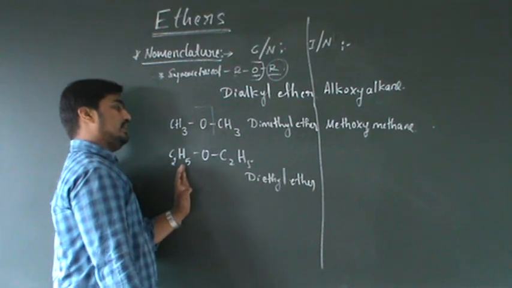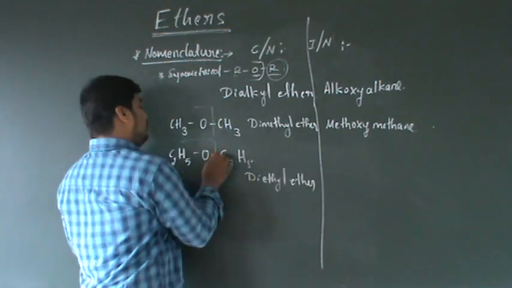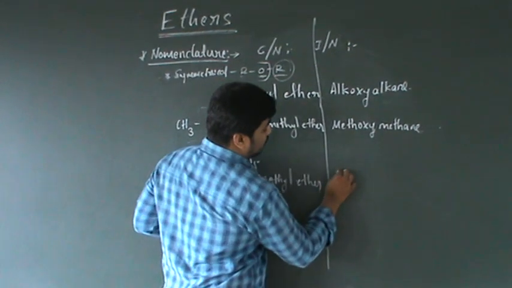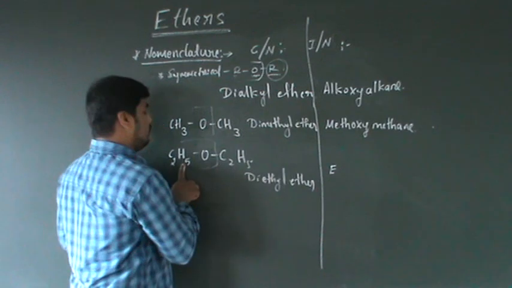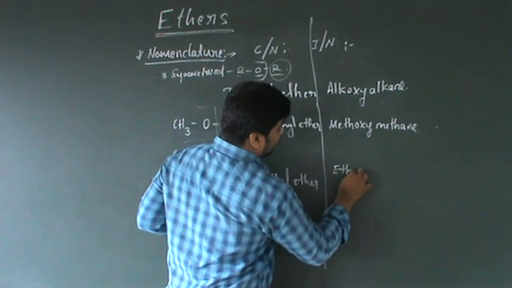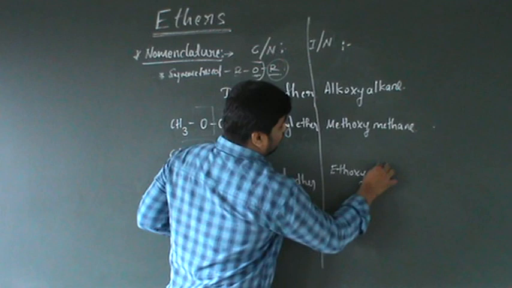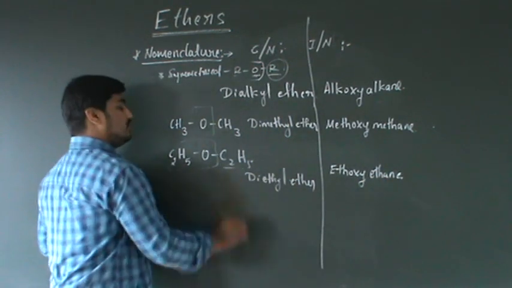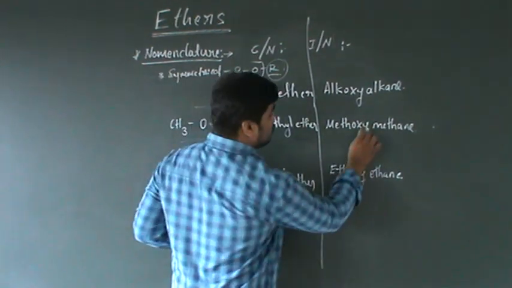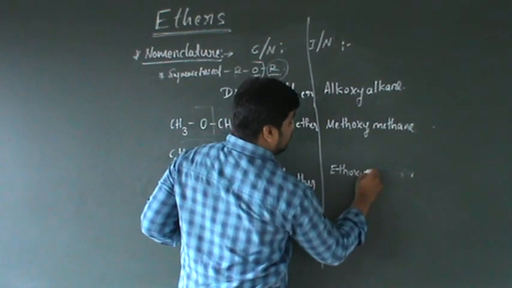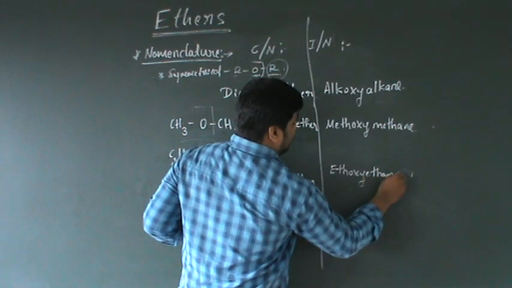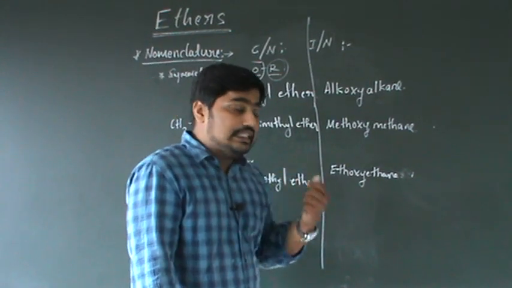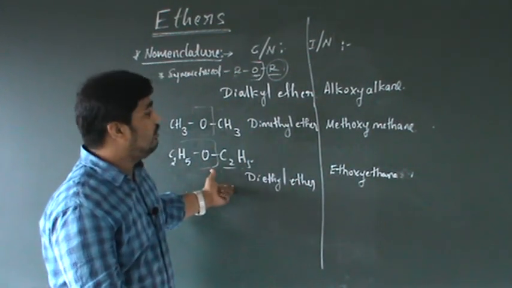Next, consider one part containing oxygen, it is two carbons, so ethoxy ethane. There is no gap between these two, so it is one word, ethoxy ethane. This is the way of naming the symmetrical ether.